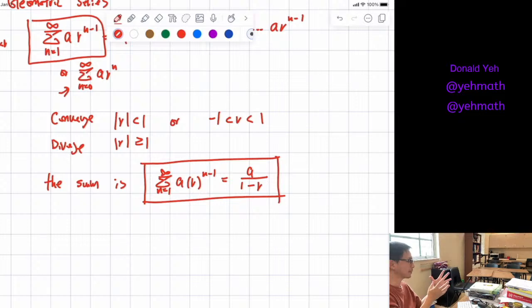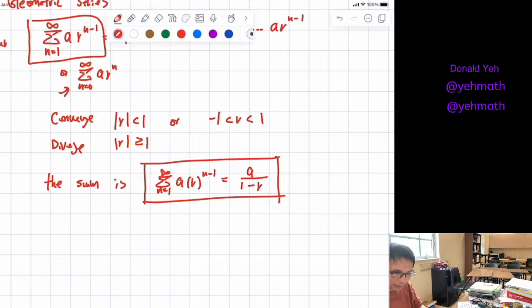So r is half. First day you eat one pizza. Second day you eat half a pizza. Third day you eat 1/4 pizza. Fourth day you eat 1/8 pizza, then 1/16. But if you keep on adding up, it's only going to be 2 pizzas at the most. Does that make sense?